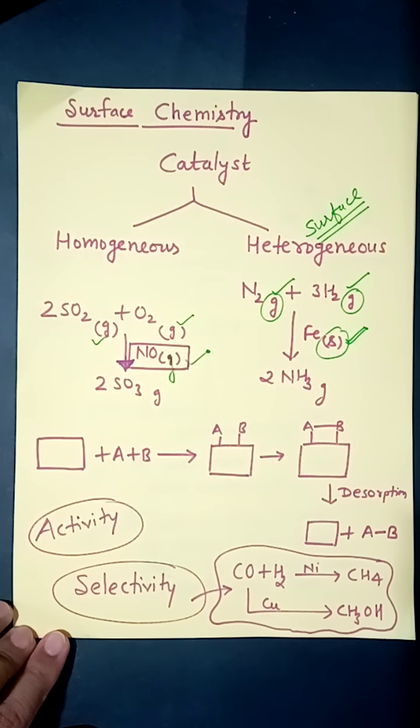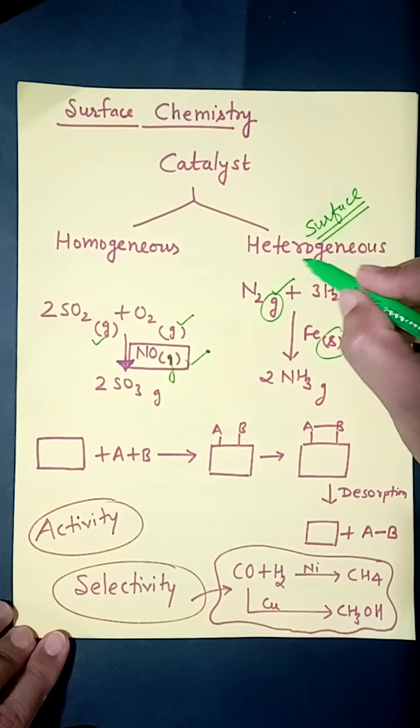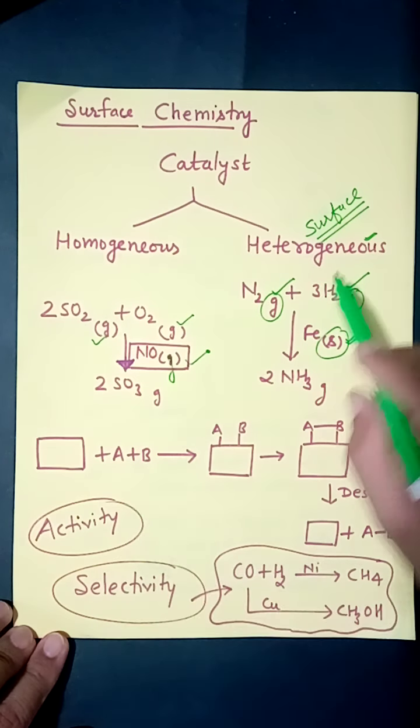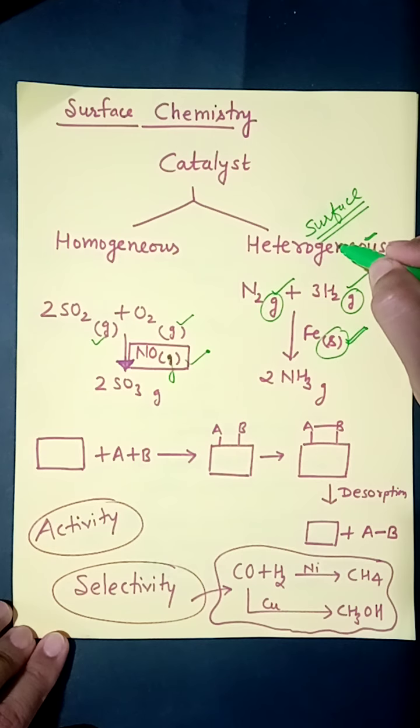It depends on surface chemistry, surface property, and therefore only this particular is part of this chapter. I repeat, only the heterogeneous catalytic process depends on phenomena or properties of surface. Therefore this is included in this part. Homogeneous catalyst doesn't depend on surface properties. So this is the only part of this chapter.